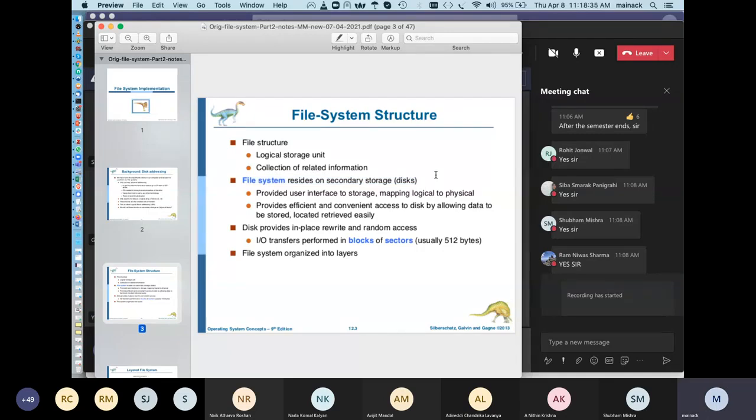We will primarily consider our hard disk as secondary storage, and this file system on secondary storage will provide the user an efficient interface to the disk by allowing data to be stored and retrieved easily.